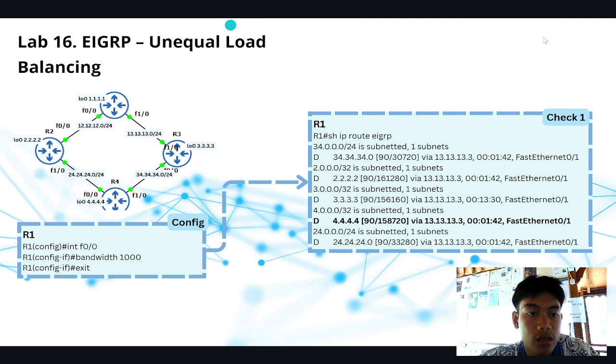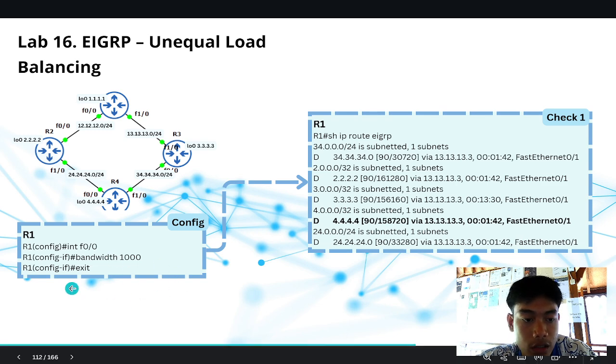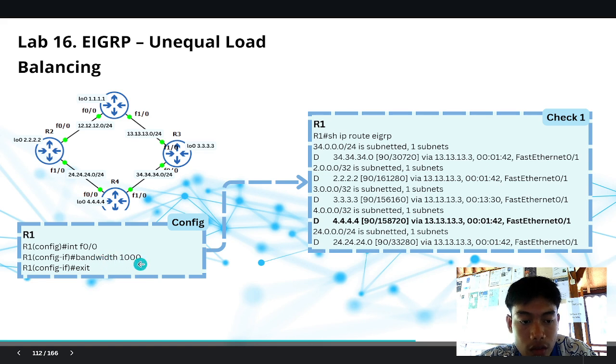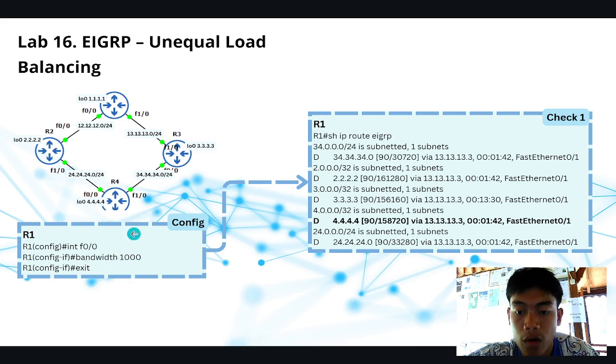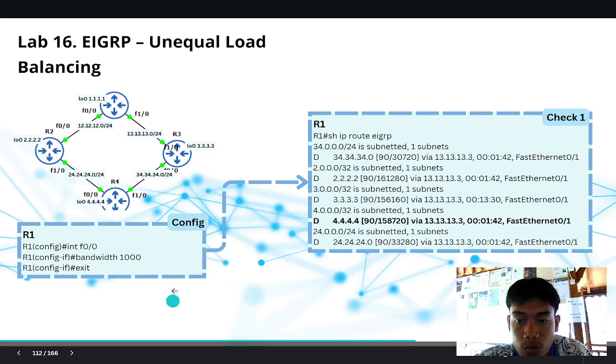This topology has router 1, router 2, and router 3. Manipulation: we change the bandwidth on interface 0/0 of router 1 toward router 2. This reduces the metric for the path router 1, router 2, and router 4, but it is still not the same as the other path. Therefore, the two paths have unequal cost.